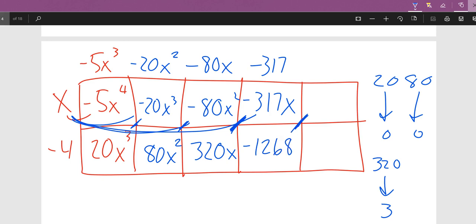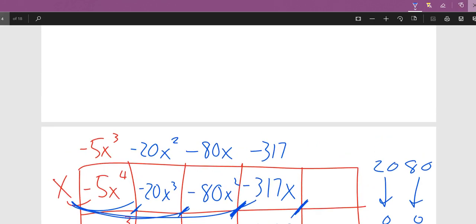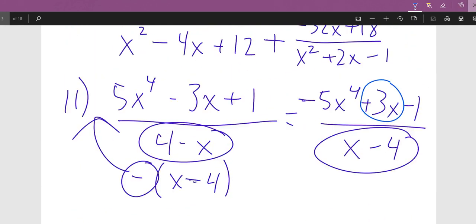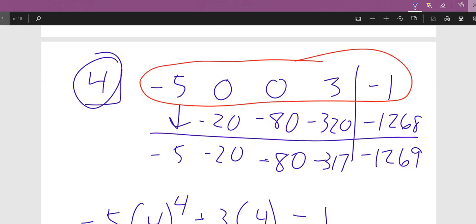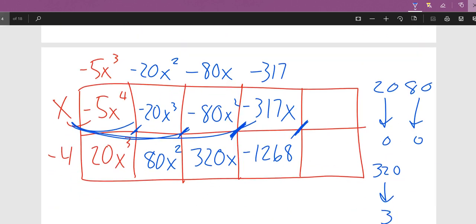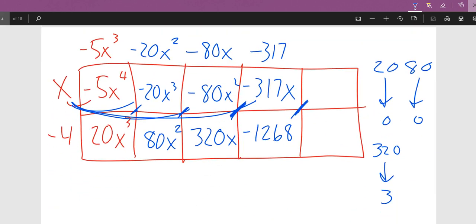These two boxes have to add up to, what do they have to add up to? Is it positive 1? Nope. It would be negative 1. Okay. So we're at negative 1268. We're going up to negative 1. Wait just a doggone second.